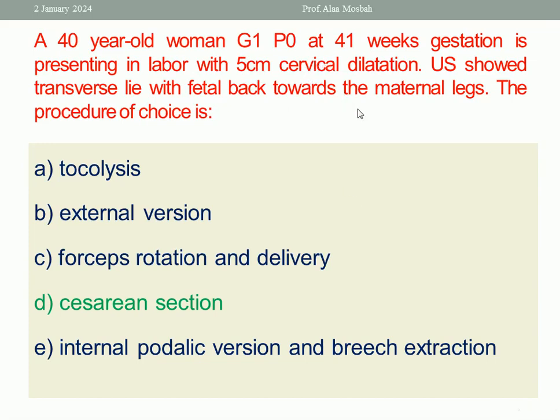If you are waiting for progress of cervical dilatation, rupture of membranes and prolapse of the umbilical cord can happen. Okay? You can do external cephalic version, but it is risky at such an age and in an elderly primigravida, and the baby is in transverse lie with fetal back toward the maternal legs. So the best choice here is D. Cesarean section, an emergency cesarean section.